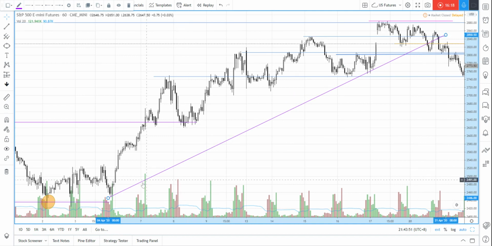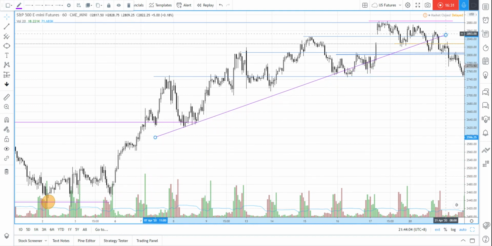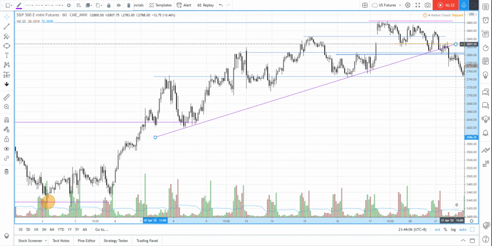So this is how you should change this original low to the upper low, because it can fit more points and capture as many swing lows as possible.